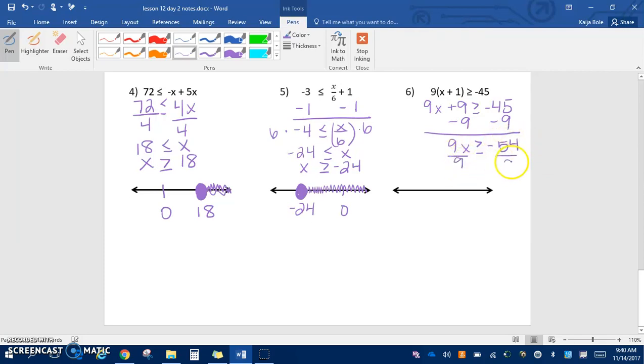Divide by 9. So I get x is greater than or equal to -6. So I put -6, I put my 0. I will have a closed circle here. And now I want everything greater than or equal to, so now I'm going to shade everything to the right of -6 here. And that is our graph.